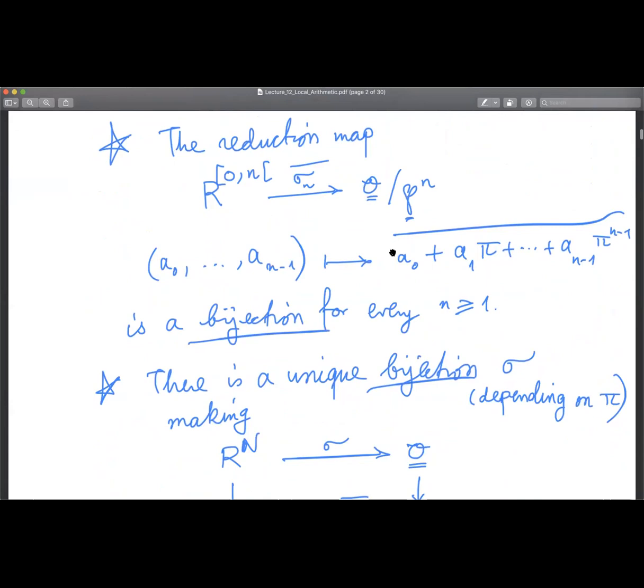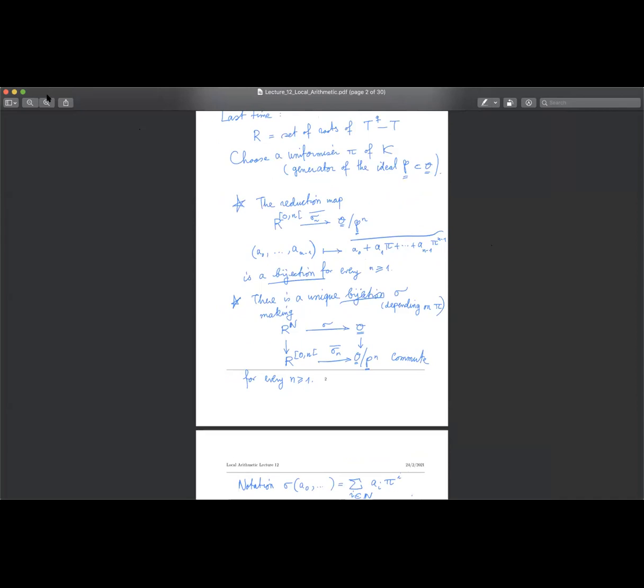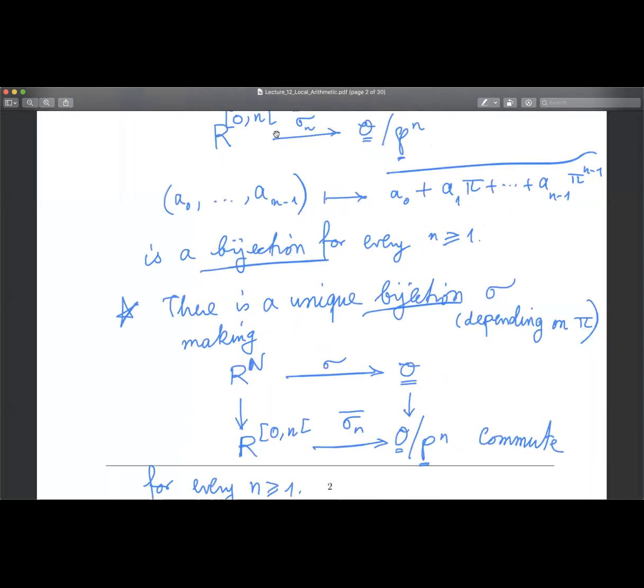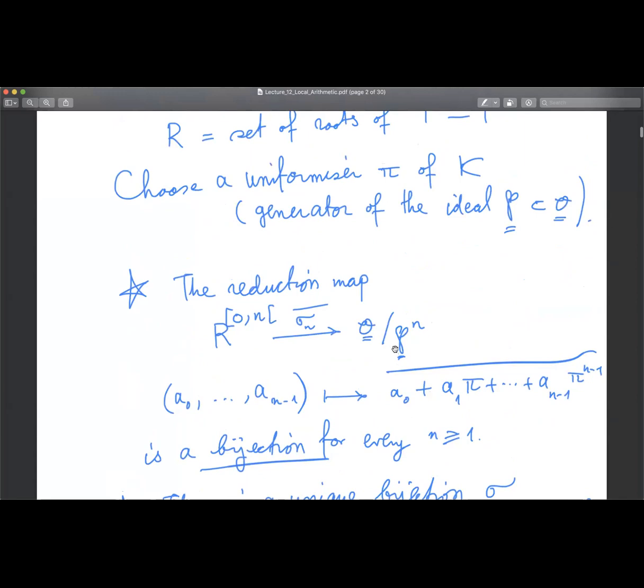Anyway, so we have chosen a uniformizer and we send such a sequence A0 up to An minus 1 to the reduction. This overline is the reduction of an integer. An integer is an element of the ring O. Oh, well, in this case the reduction is not from O to the residue field, but from O to O modulo P to the n.